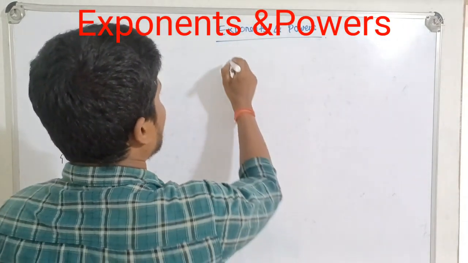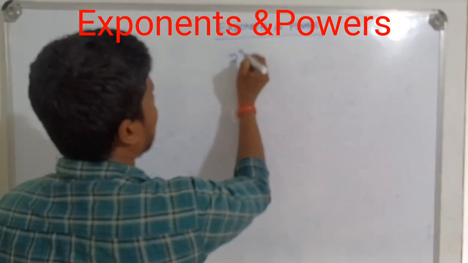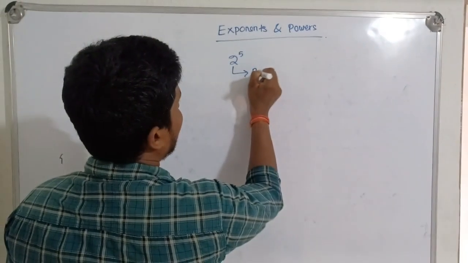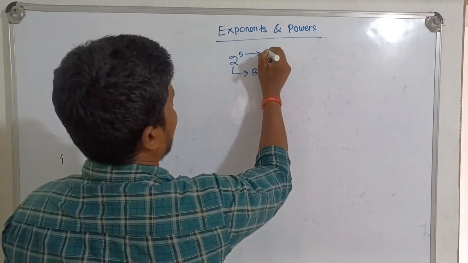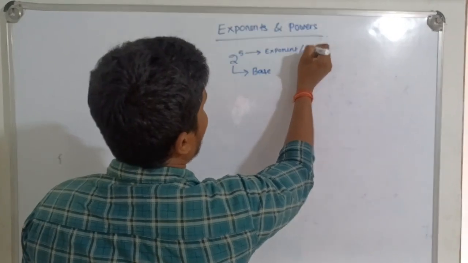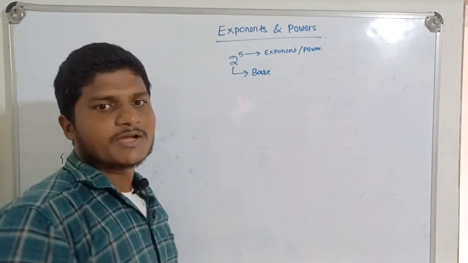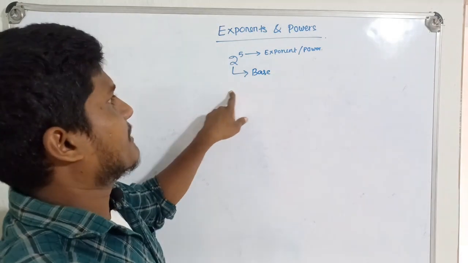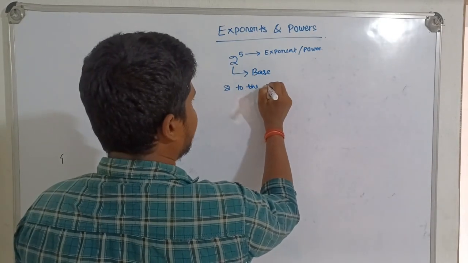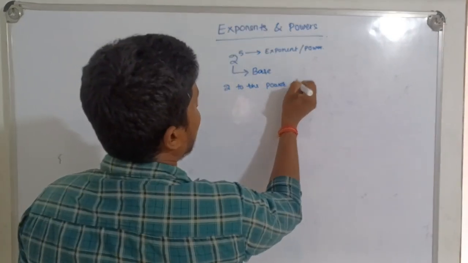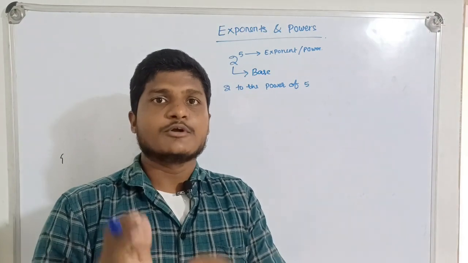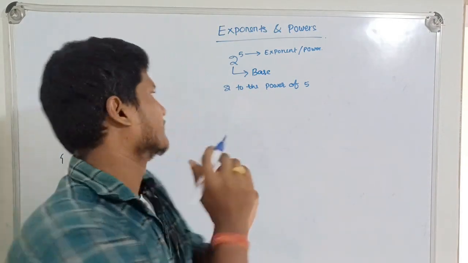Here look at this. Suppose I want to write 2 to the power 5. This number is called the base, and this is called the exponent, or this is also called the power. We say 2 to the power of 5, or again we can say 2 raised to the power of 5.